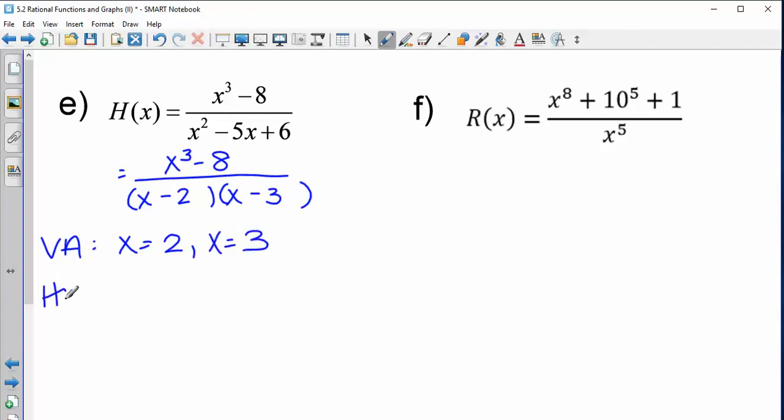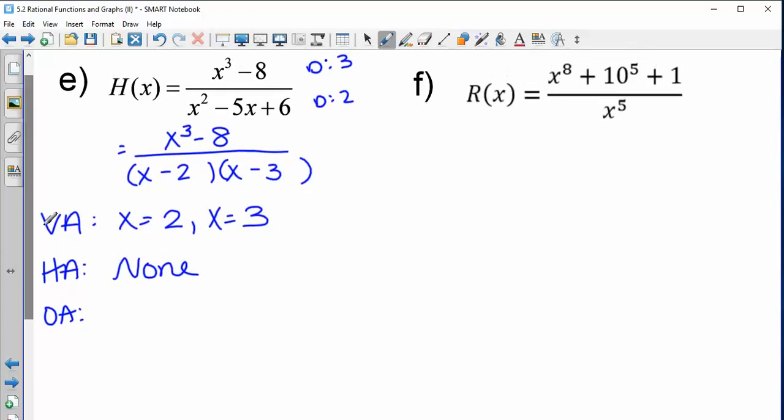Now we decide horizontal or oblique. What's the degree on the top and the bottom? Keep in mind, I don't have to write the term with the highest power first. On all of these I have, but it is possible I might have -8 plus x cubed. So make sure you're picking out the highest term, regardless of the order. So that means there is no horizontal, it's oblique.